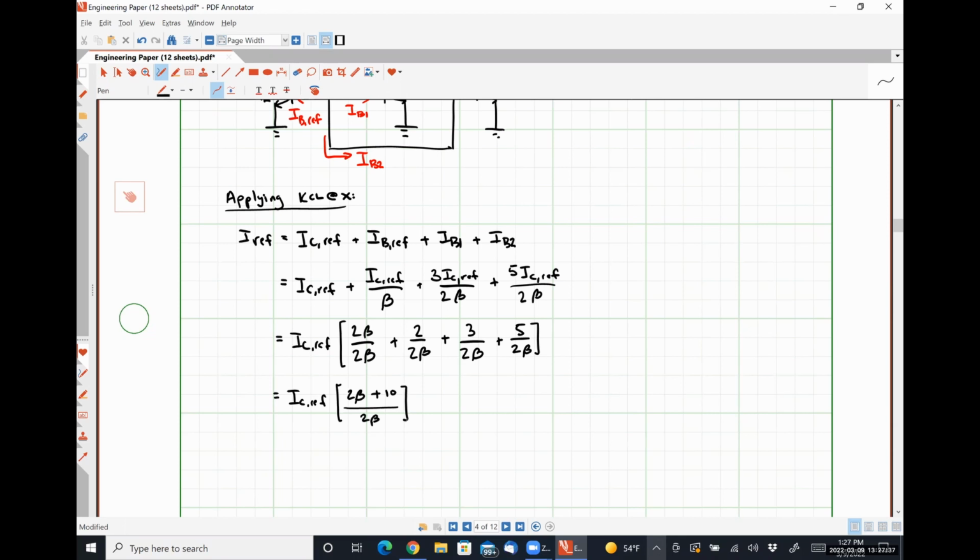So this term right here represents in some shape or form the error between IREF and ICREF caused by all of those transistors being connected. Not done, I just wanted to point something out there, okay?